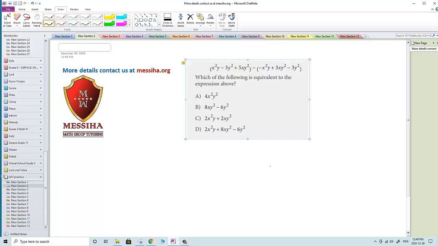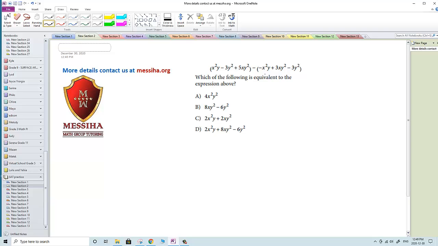Next, I have another question here. It's saying (x squared y minus 3y squared plus 5xy squared) in bracket minus, and this other expression. Now it's saying which of the following is equivalent to the algebraic expression above.